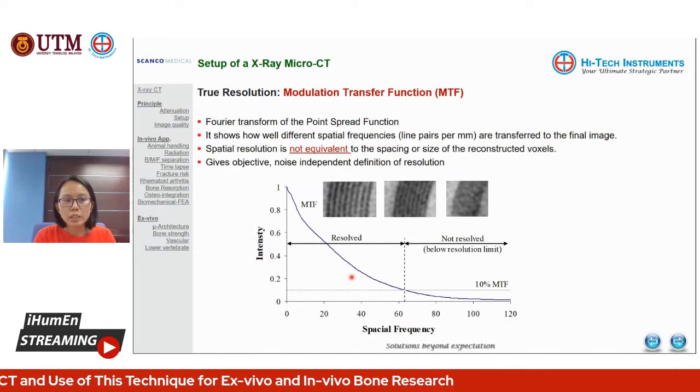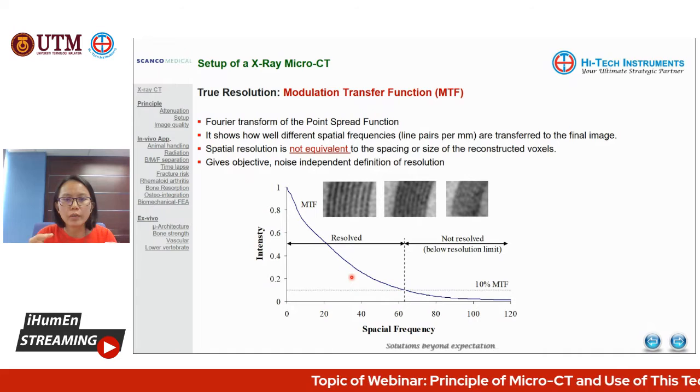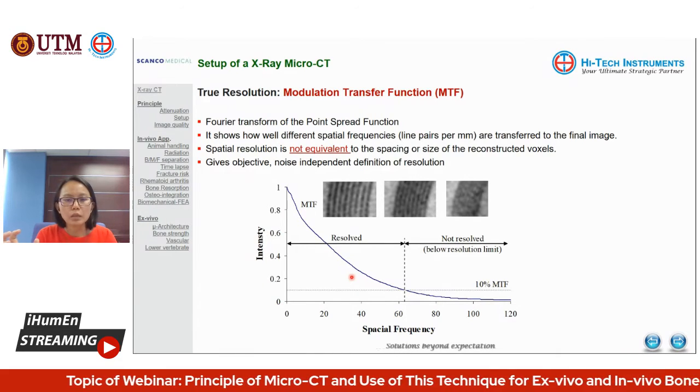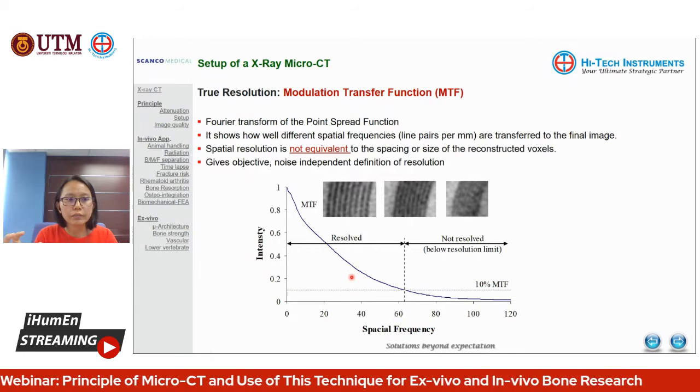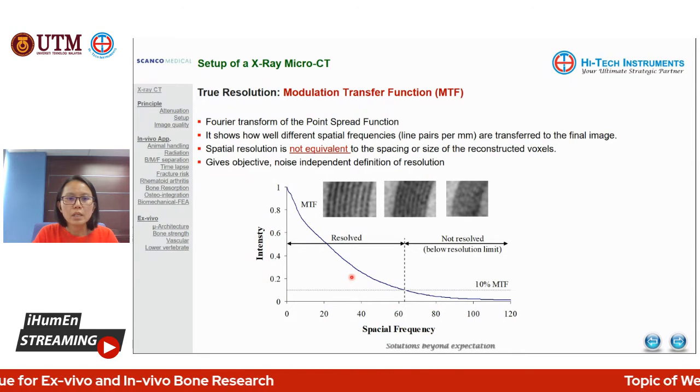So the combination of all these factors comes to the effective resolution, the real final resolution, which combines the X-ray spot size, the angular steps, and also the efficiency of the detectors. It will give you the resolution, what we call the modulation transfer function, MTF.